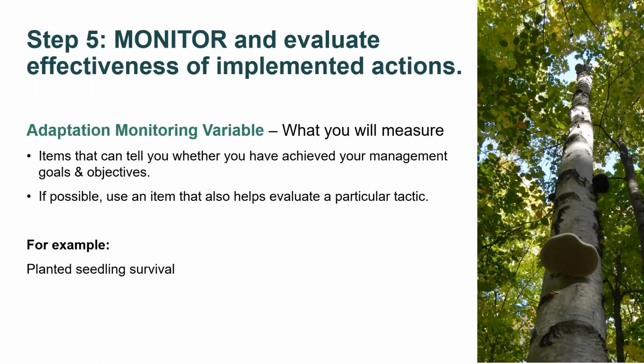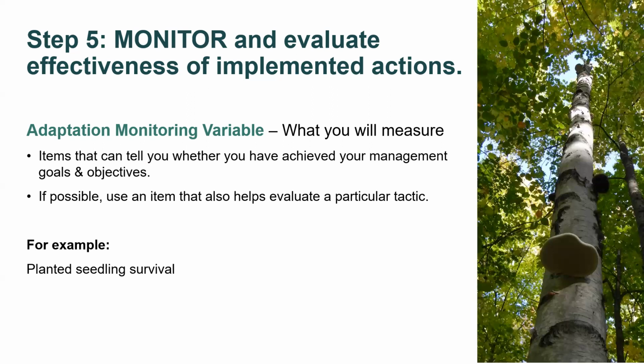All right, so we design a monitoring plan, first of all, by defining a monitoring variable. What is the metric of the ecosystem or the project that you're going to measure that will tell you whether you're achieving your management objectives? What metric are we going to measure that will tell us when we have reached an important milestone on the way to our eventual goal?